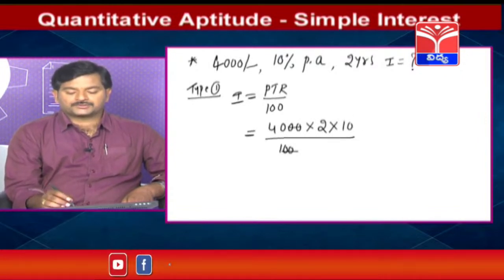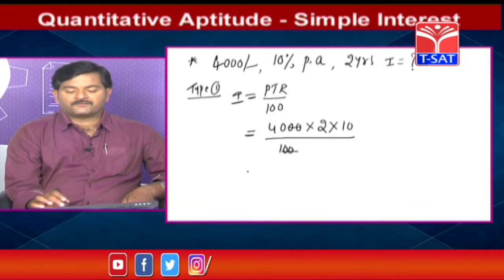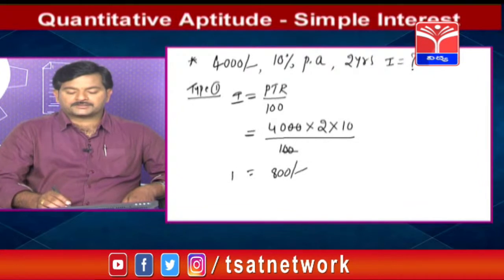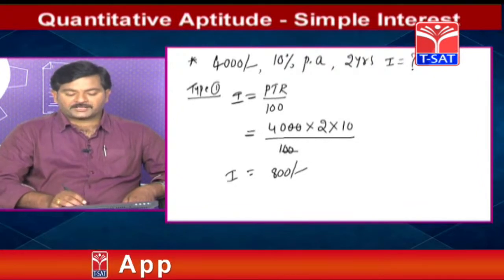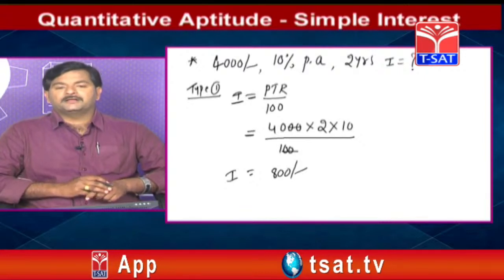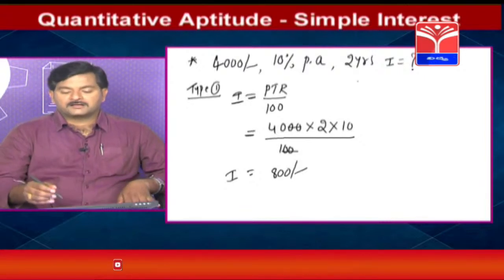Two zeros cancel, 42 is 80, 80 into 100 is equal to 800 rupees. Therefore the interest is 800 rupees.